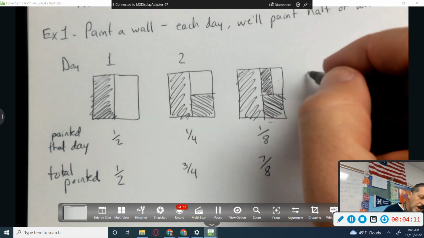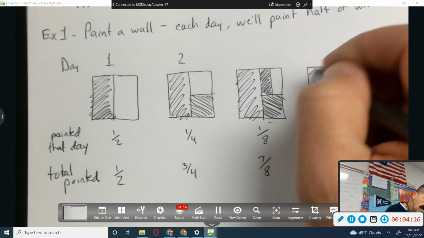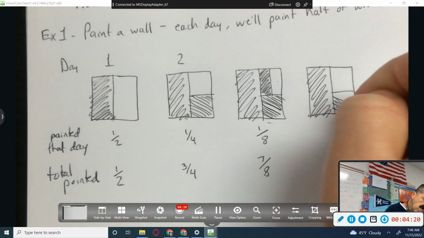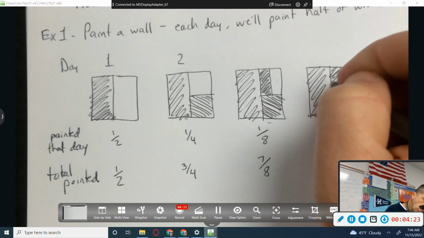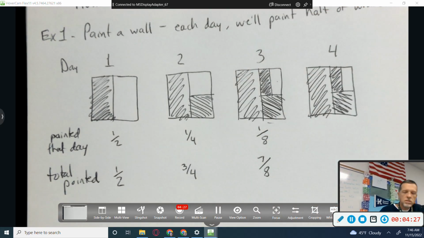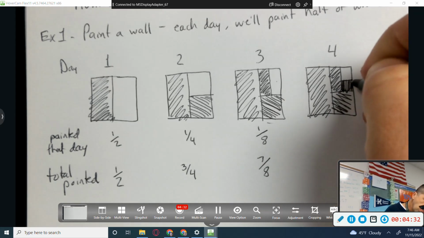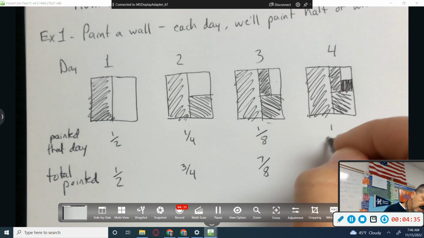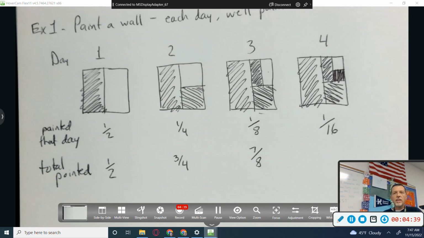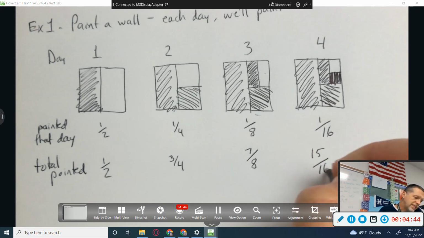Let's do this one more time. So on day 4, again we paint half of what's left. So that's 1/16 of what we painted that day. How much of the total wall is painted? 15/16.